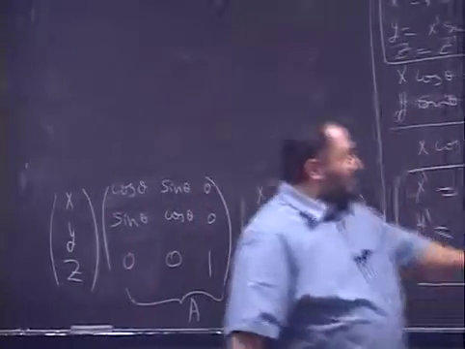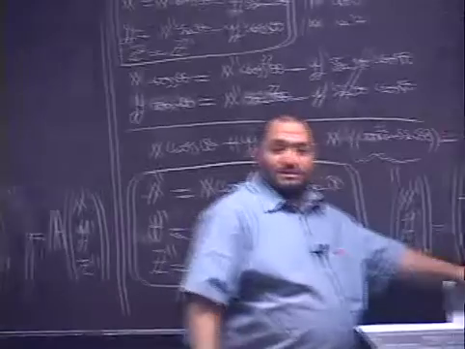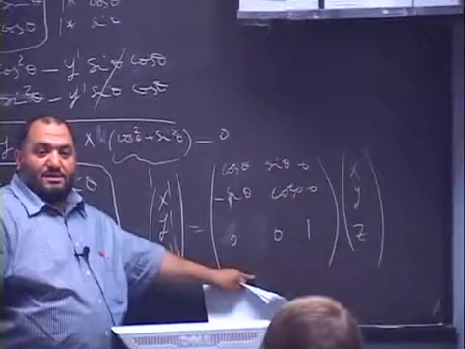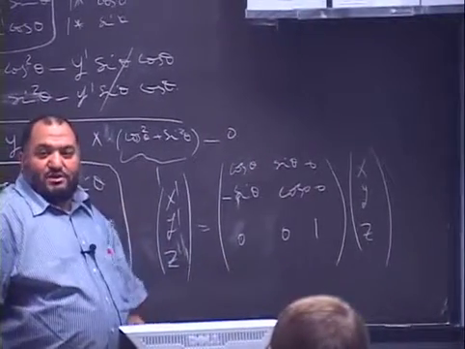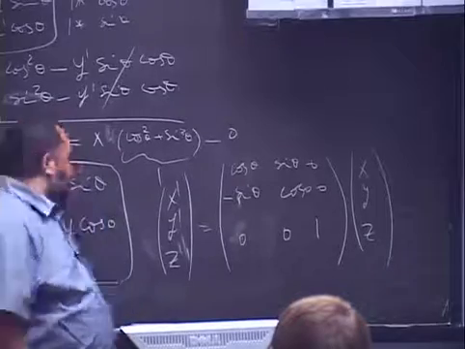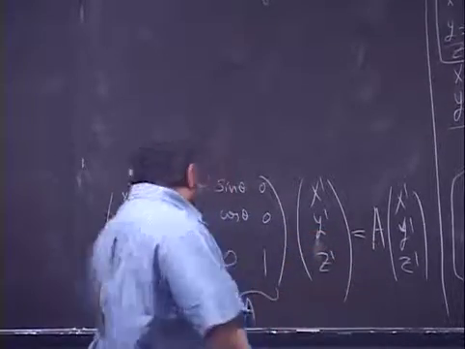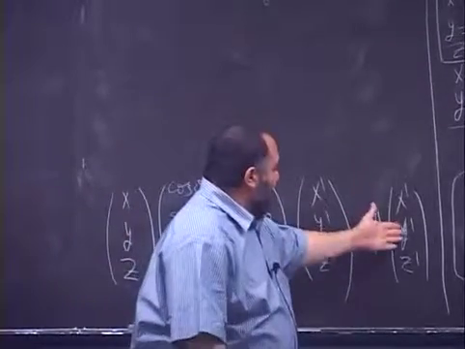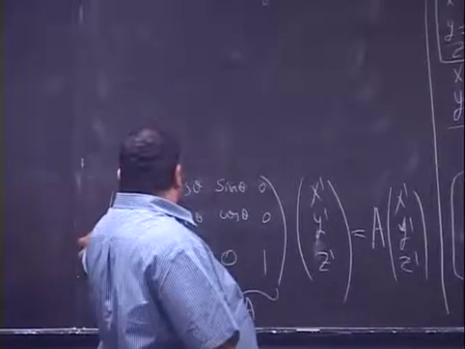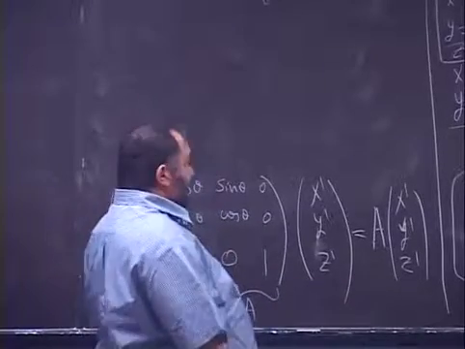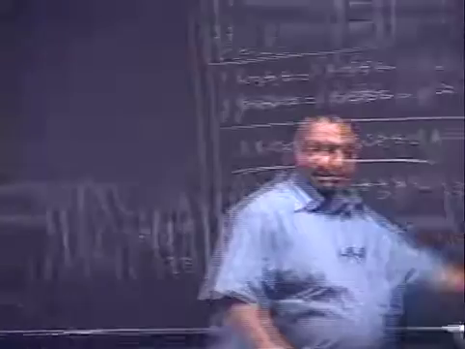And this should be matrix what? Huh? This should be the inverse. Yes? Because this matrix here, A, if you bring the matrix A here, it will be x prime, y prime, z prime equal to the inverse of this matrix multiplied by x, y, z. And this is what we see here. Yes?